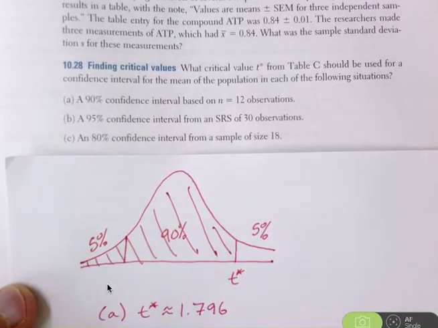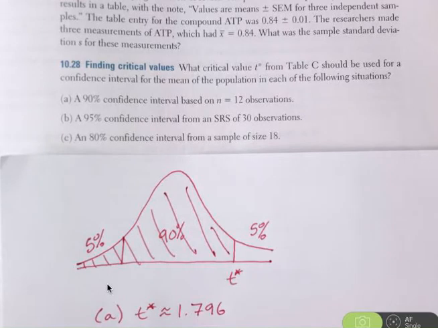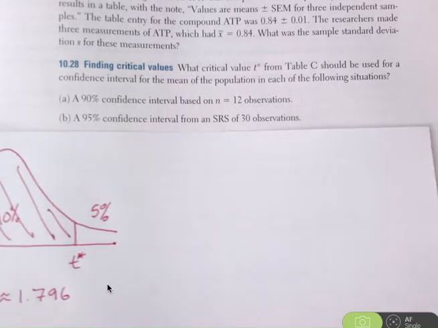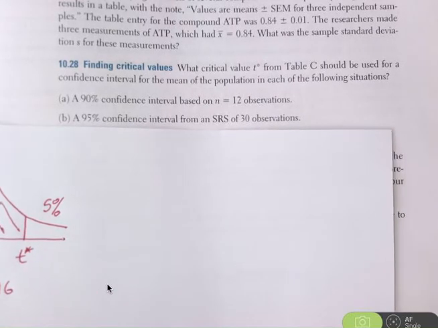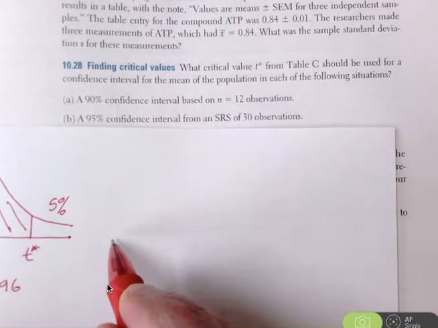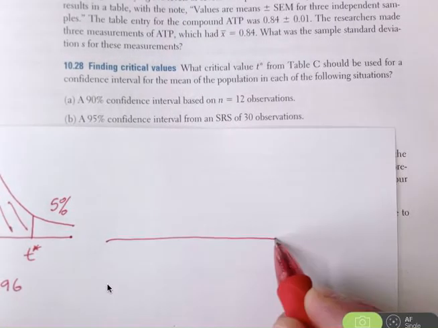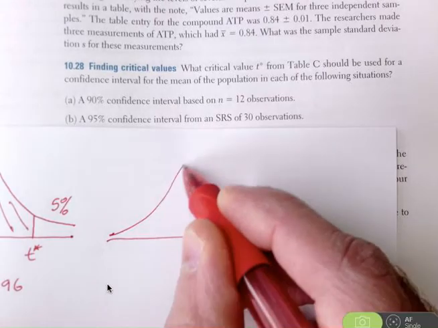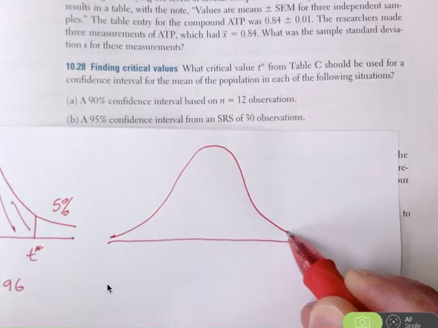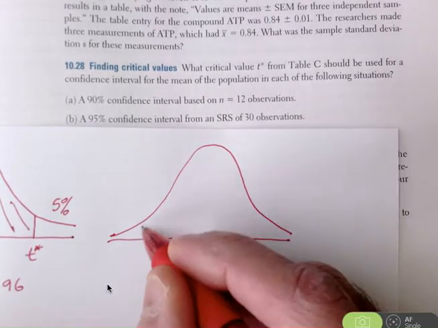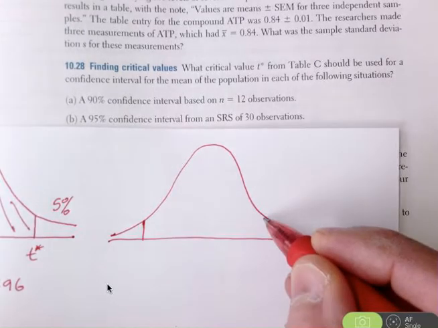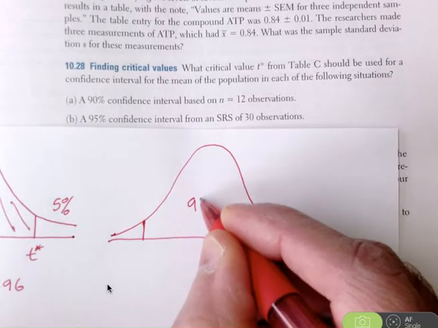Let's do part B. So in part B, we have a 95% confidence interval. We have a simple random sample of 30 observations. So again, my guess is you might be getting the hang of this, but I'm going to draw the picture anyway. I want to account for that middle 95% of my sampling distribution.